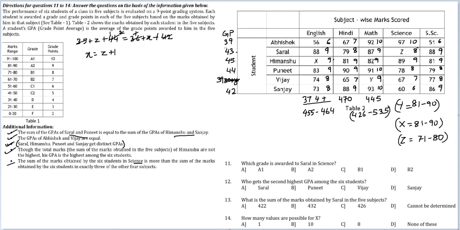So 7 plus 9 is 16. 16 plus 8 is 24. 24 plus 7 is 31. 1, 3 carried over. 3 plus 9 is 12, 12 plus 8 is 20, 20 plus 7 is 27, 27 plus 12 is 391. This is fixed. And to this you are adding z. So 391 plus 80 should be 471. Okay. Upper limit is 471.